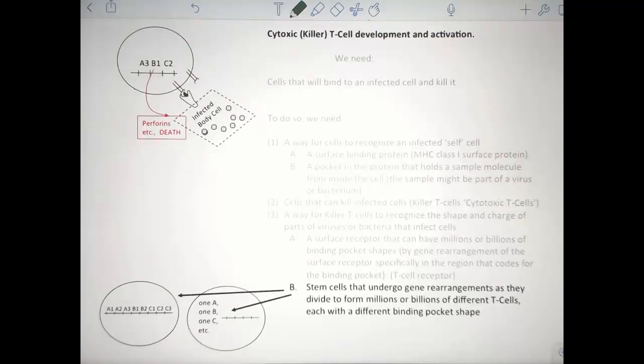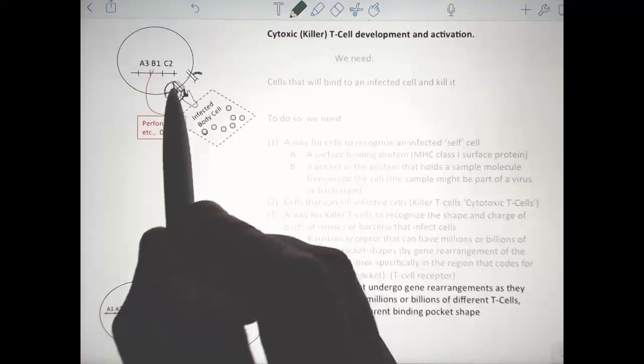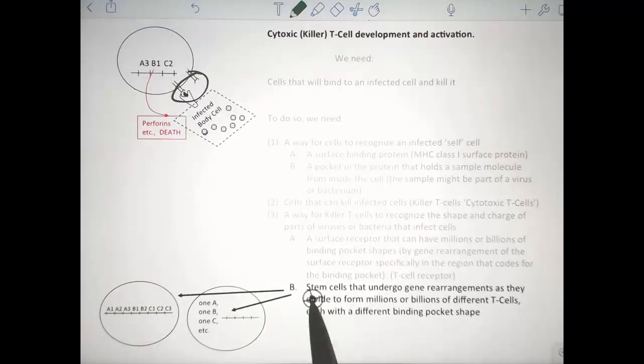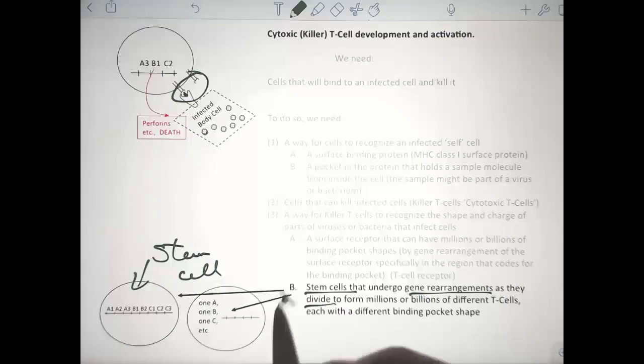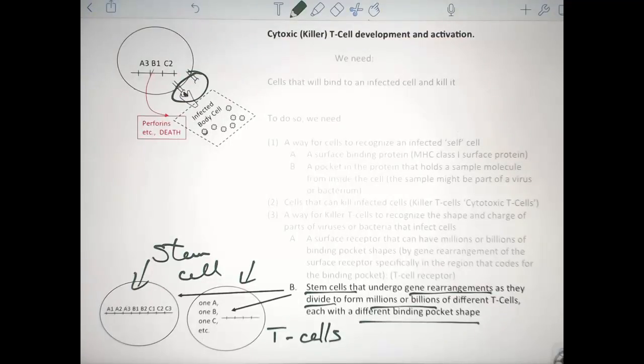In order to get those many different cells, each of which has a different binding pocket, we need stem cells that will undergo gene rearrangements as they divide. So here's the stem cell, which divides to form millions to billions of different T cells. And each one has a different binding pocket shape.